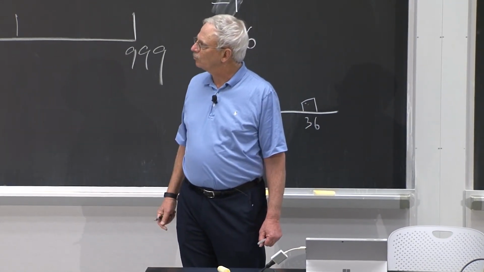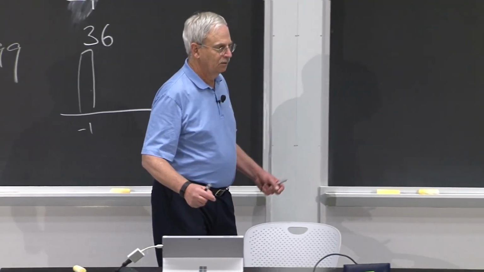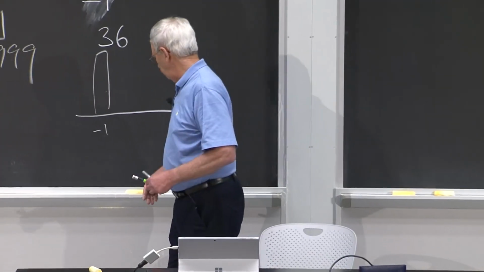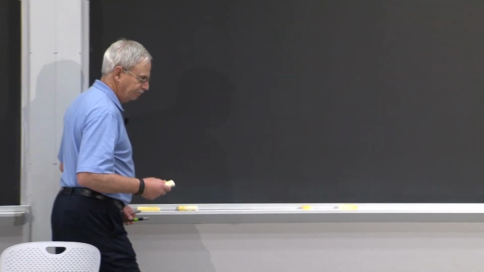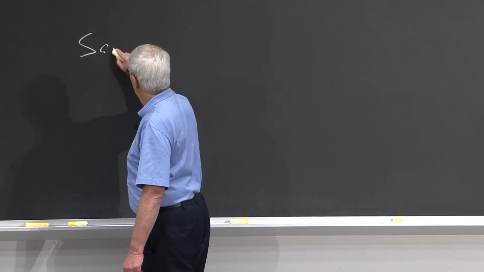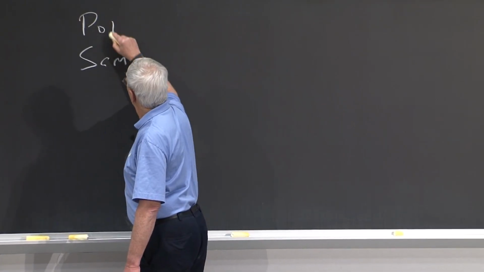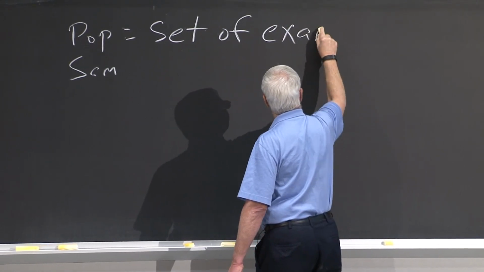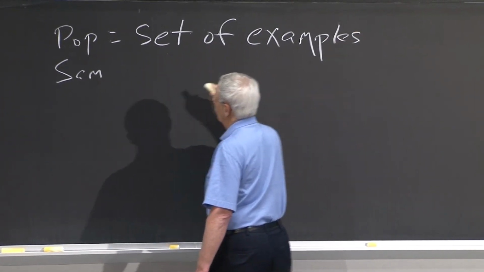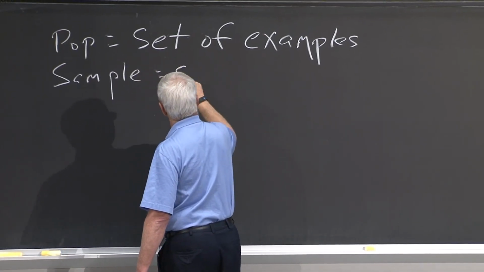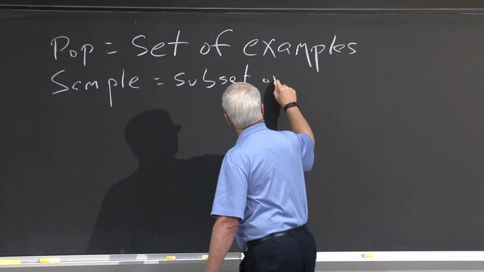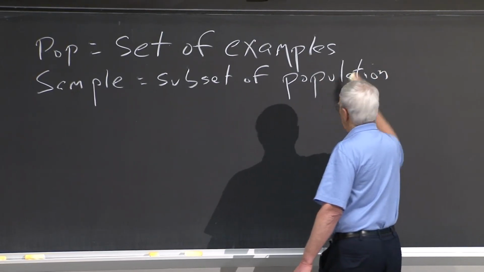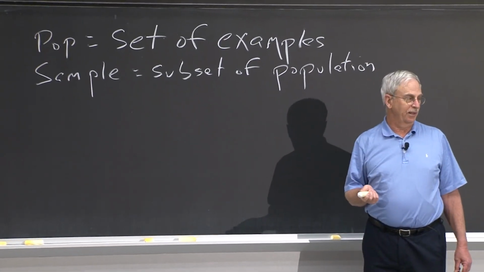So that says if I take a sample, and remember a sample will have multiple examples. Just to remind people, a population is a set of examples. A sample is a subset of the population. So it too is a set of examples, typically.